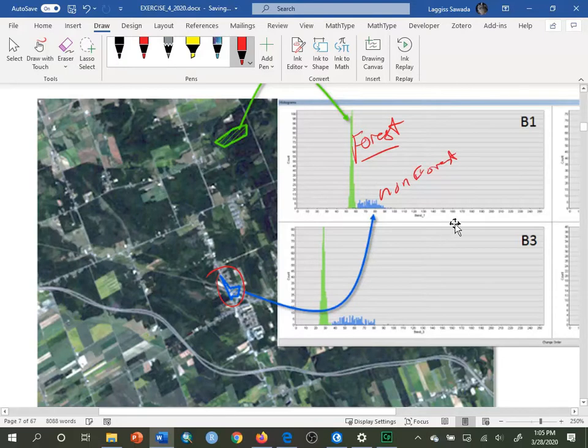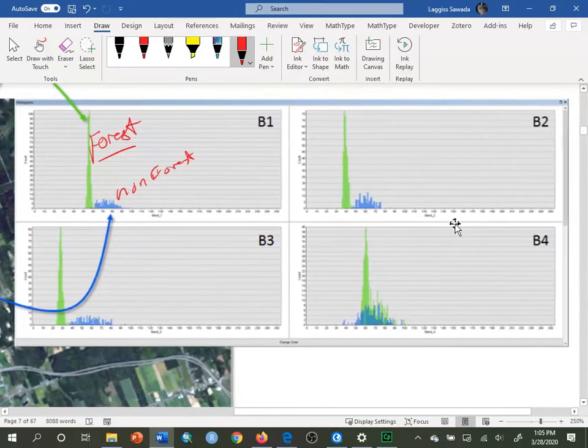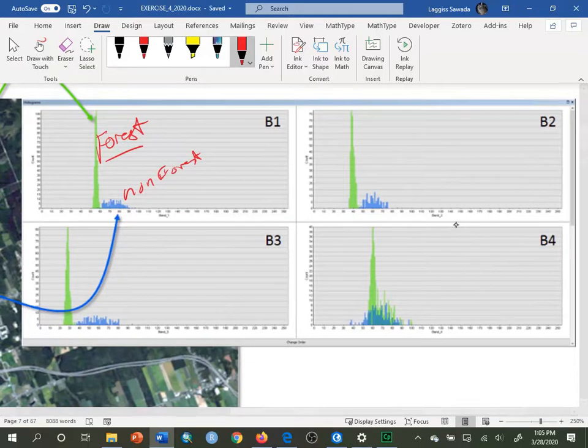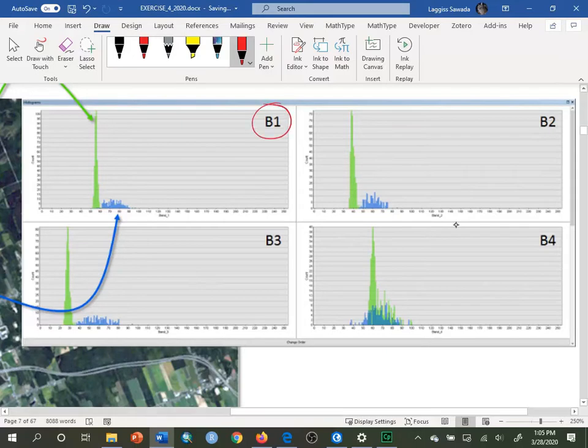And these graphs here just illustrate, for each of those polygons, the number of pixels found in each of the classes. So in this first one, called B1 here, we can see that for the forest pixels, there's a lot of them around values of, which is I think around 60.